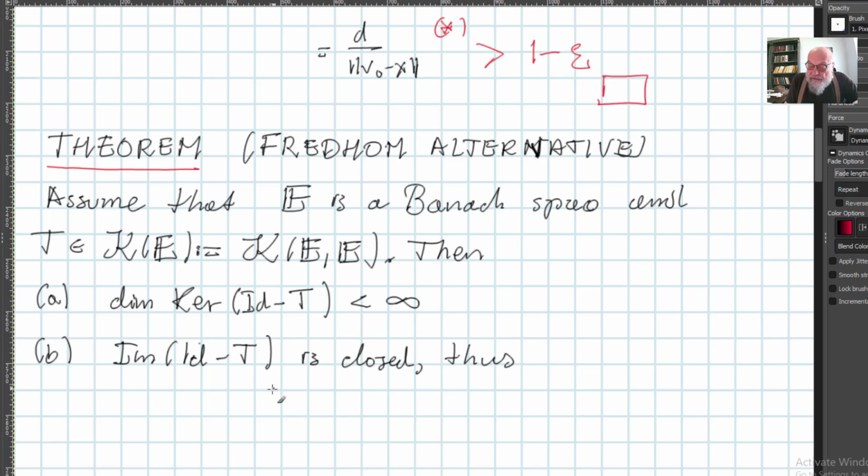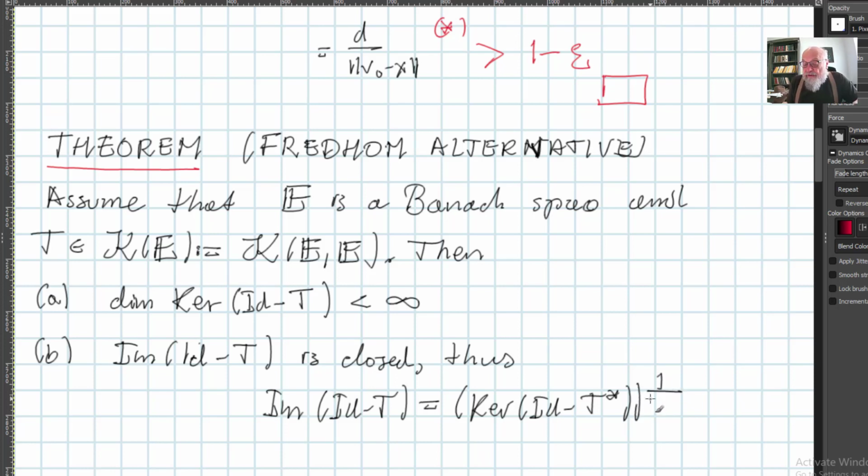Put it down. That means the image of identity minus T must be equal to the kernel of identity minus T star, closed, perpendicular.